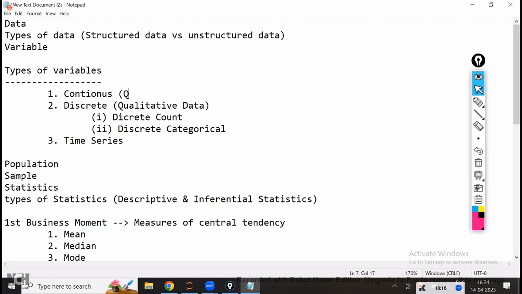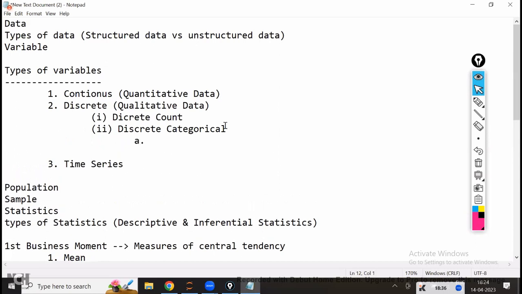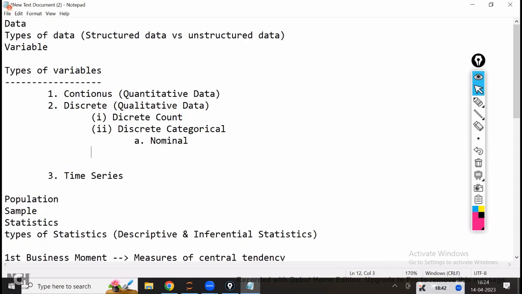Within the discrete categorical, it is further split into nominal and ordinal.